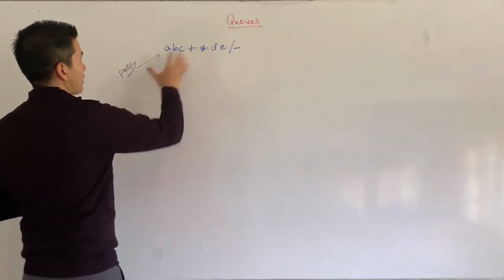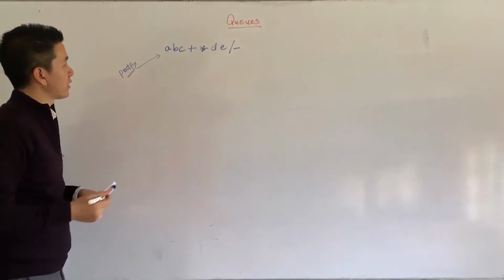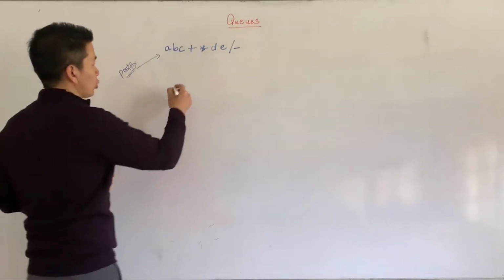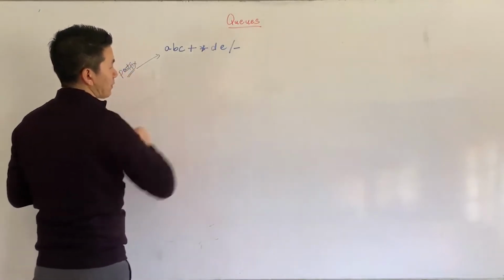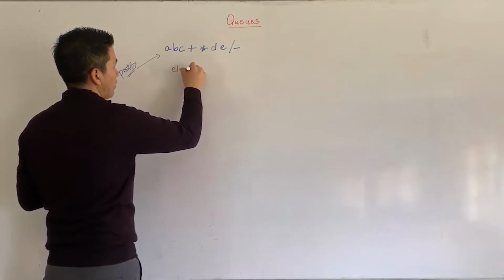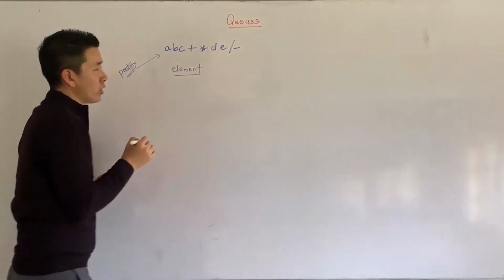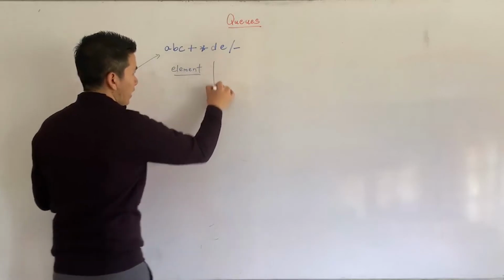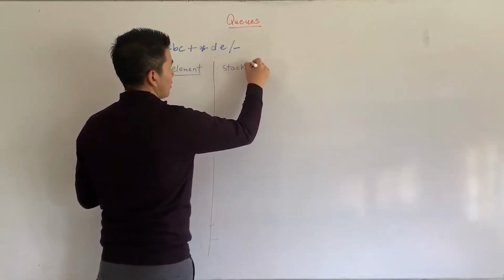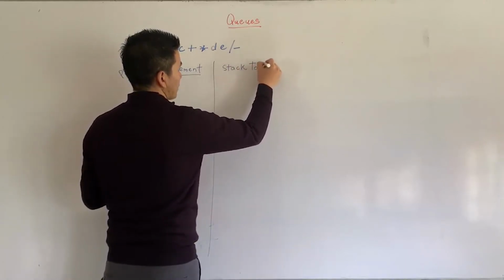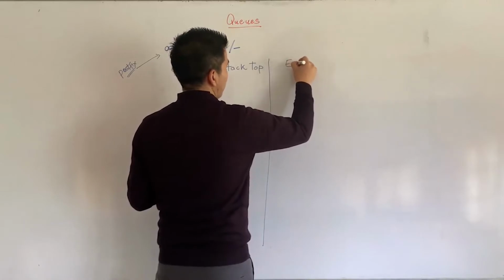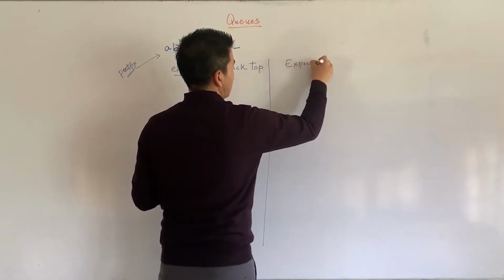Let's say we have this postfix expression that is to be converted to infix. So let's have a simple table, and it starts with the element, the individual element in the expression, and then we'll have another column called stack top, and then we'll have the final expression.